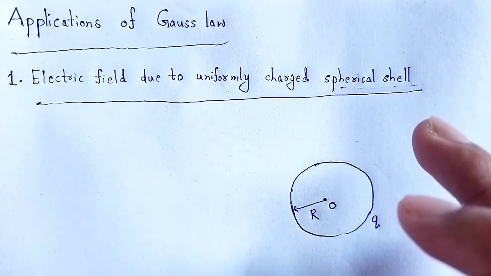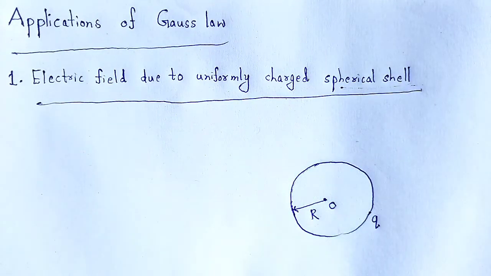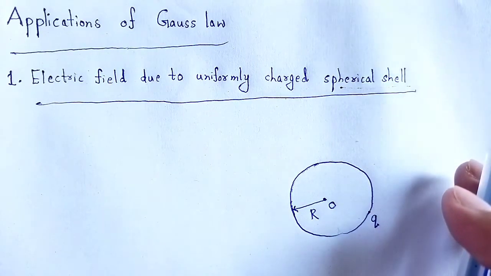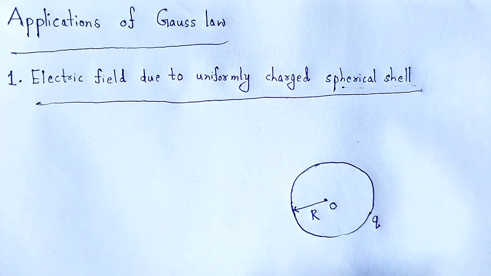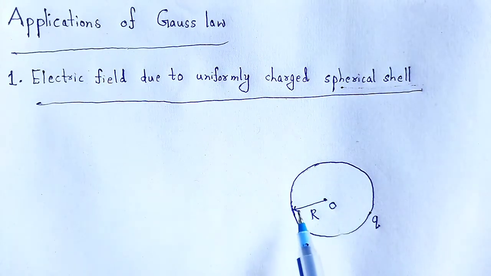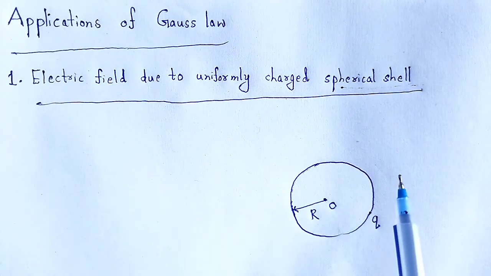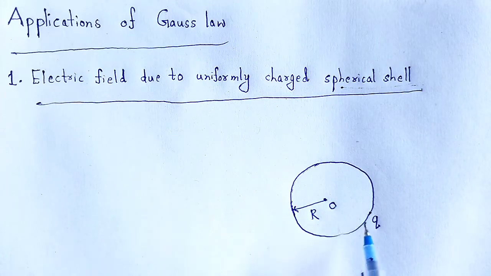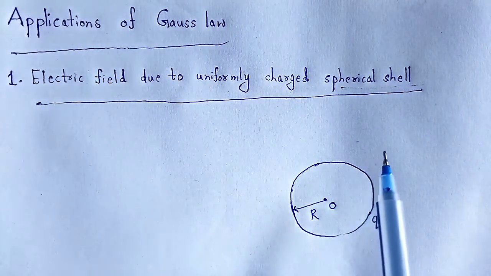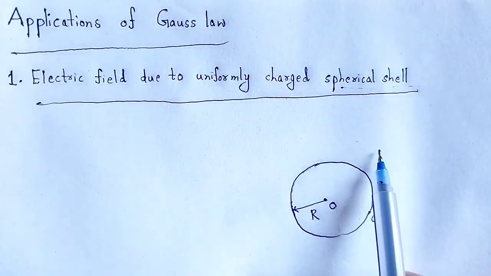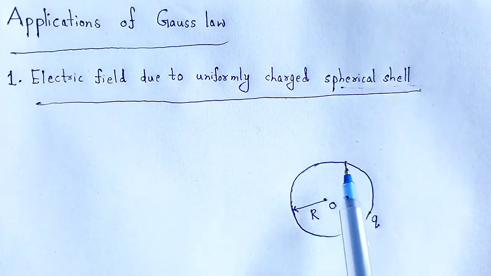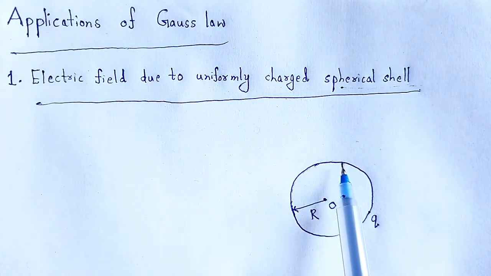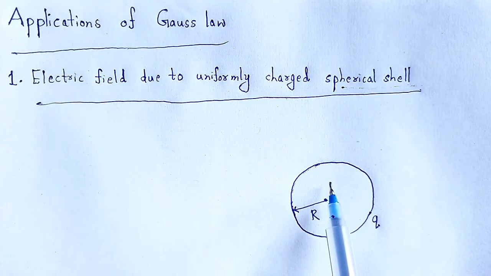We have to calculate the electric field intensity due to the uniformly charged spherical shell at a point outside the spherical shell, a point on the surface, and also a point within the spherical shell.